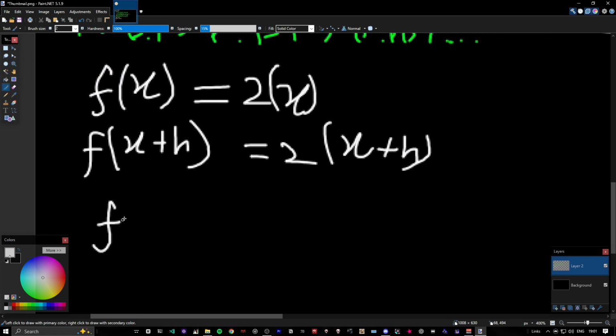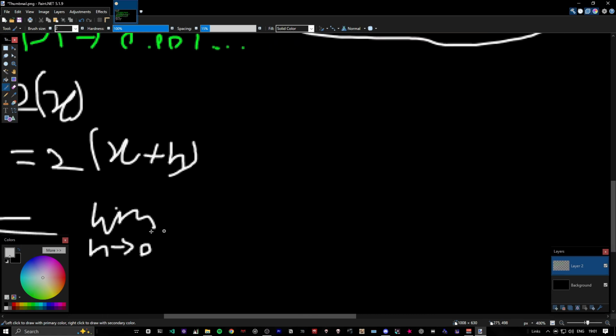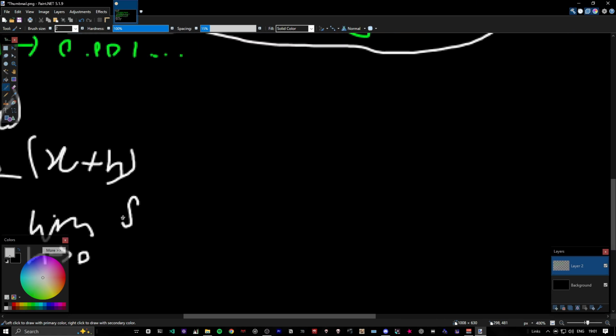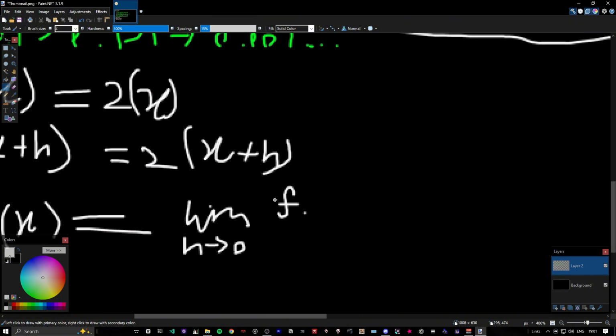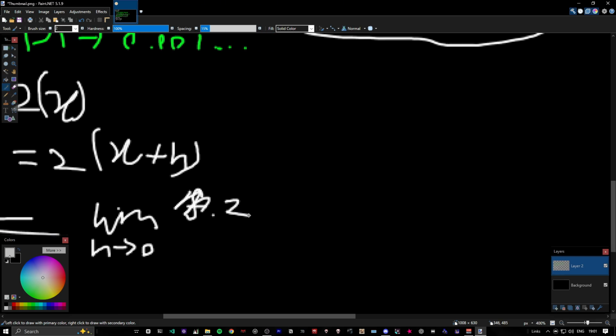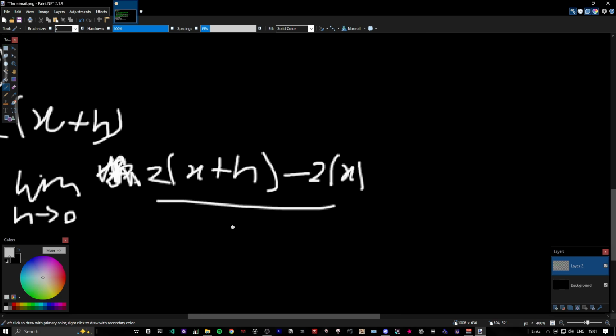So you can say f dash of x equals the limit as h moves towards 0 of f of x plus h, which is 2 times x plus h, minus 2 times x, which is f of x, over h.